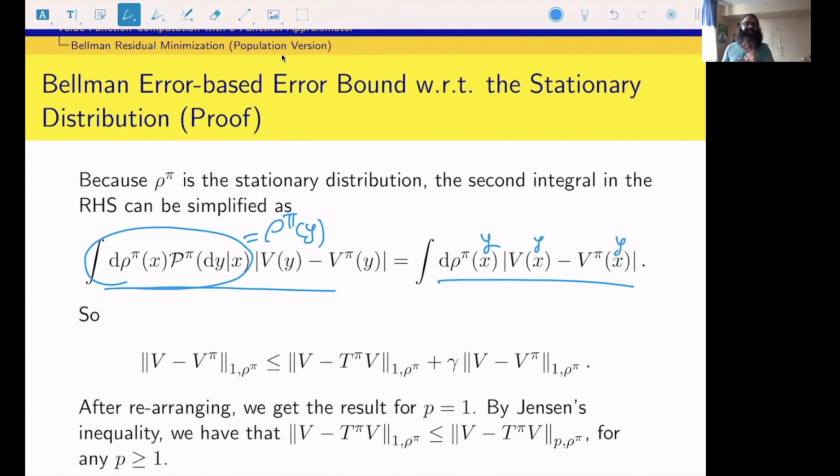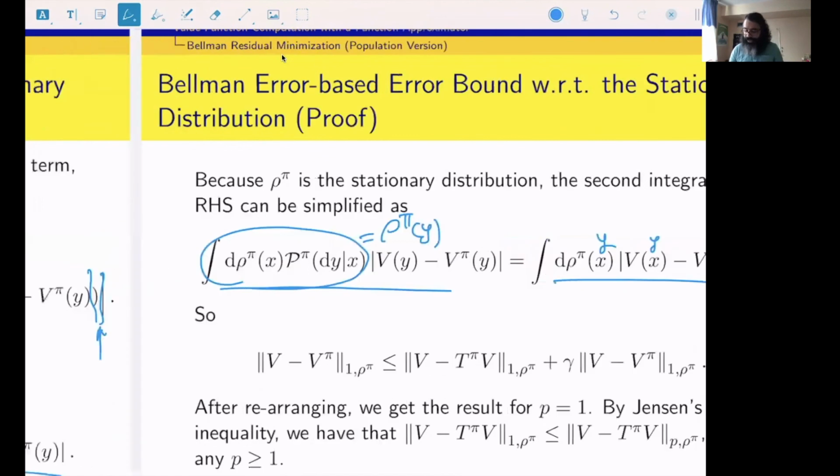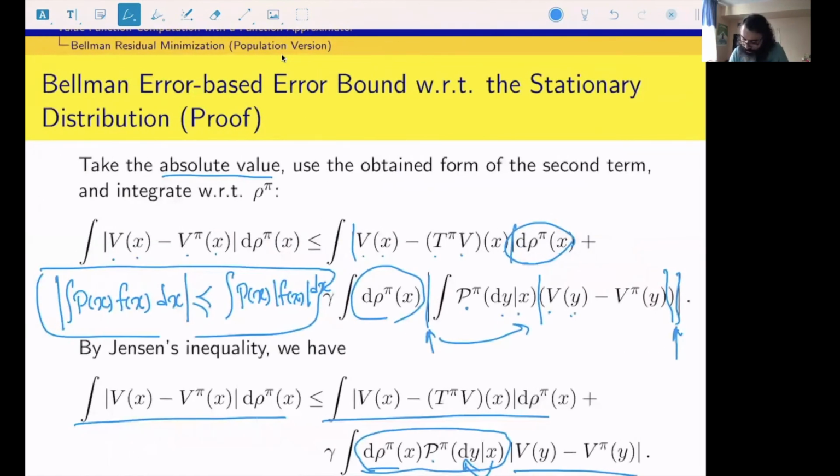This is at the next state, but it doesn't matter because I'm taking the integral over the whole state space. Okay, so that's great. So what we have, all these things, this term that we have is equal to our norm, V minus V^π. What norm is it?